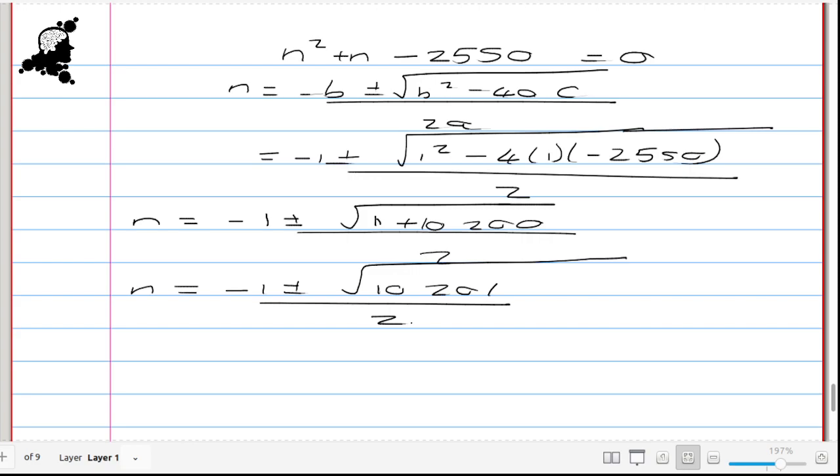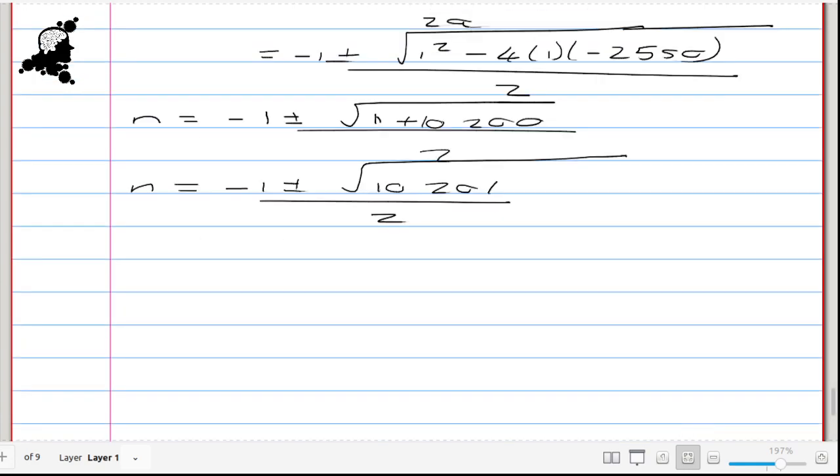I love where this is going. See, sometimes when you're working with these big numbers, it might seem daunting at first, but if you're consistent in your calculation, you would actually get to realize it's a very simple answer. But anyways, let's find the square root of 10,201.